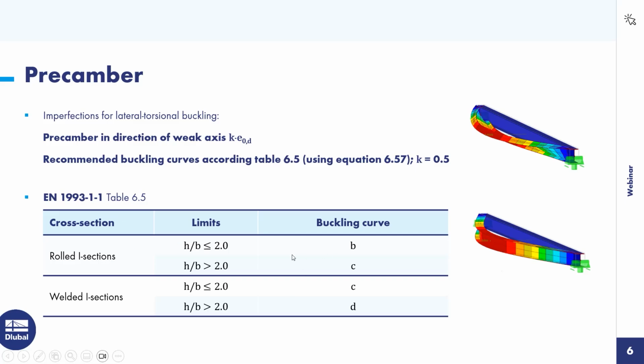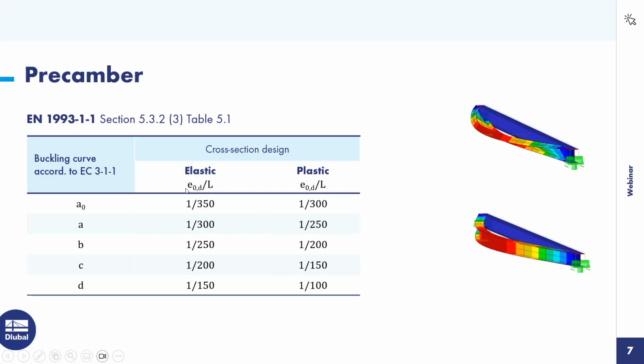Pre-camber, those are the limits from the standard. The key value is 0.5. We have got welded sections, H to B larger than 2. That's why we have got buckling curve D. And in this table, you see for the buckling curve D and the elastic design, 1 divided by 150.